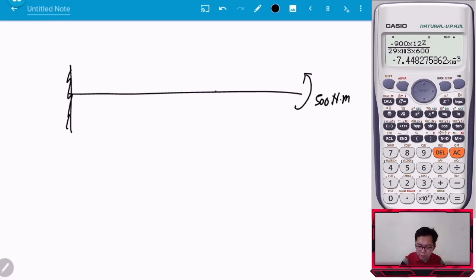And then, our lengths are 4 m and 3 m. We have I_AB equal to 8 times 10 to the 6 mm^4, and I_BC equal to 4 times 10 to the 6 mm^4.